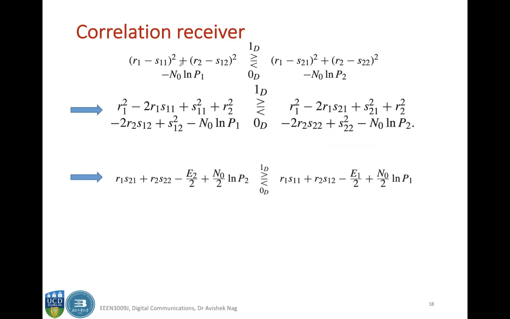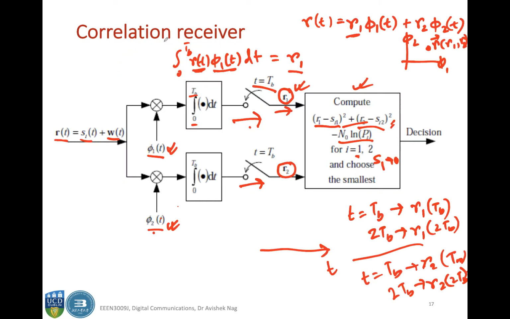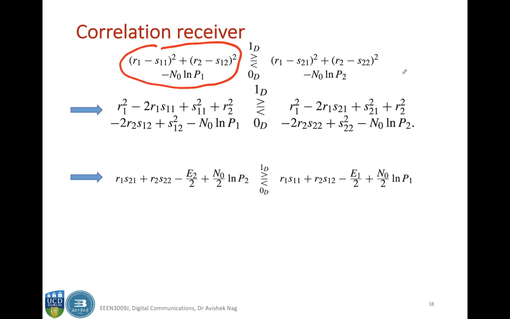You are computing these terms in this box circuit. The left hand side is for S1 and the right hand side is the corresponding terms for S2, and then you are deciding which one is smaller.